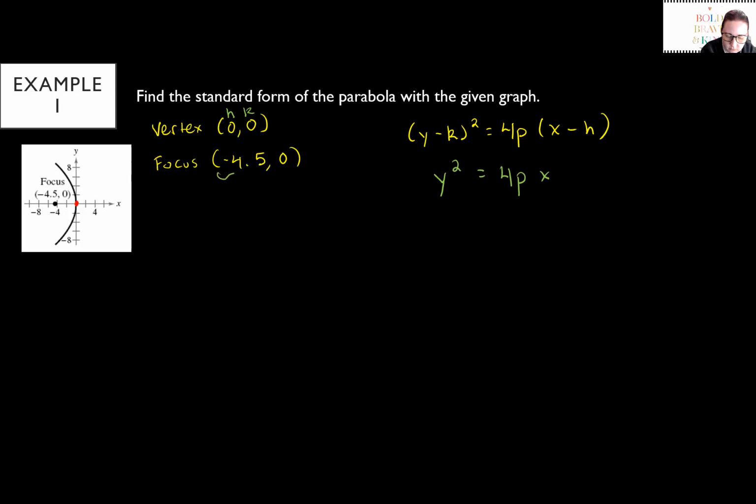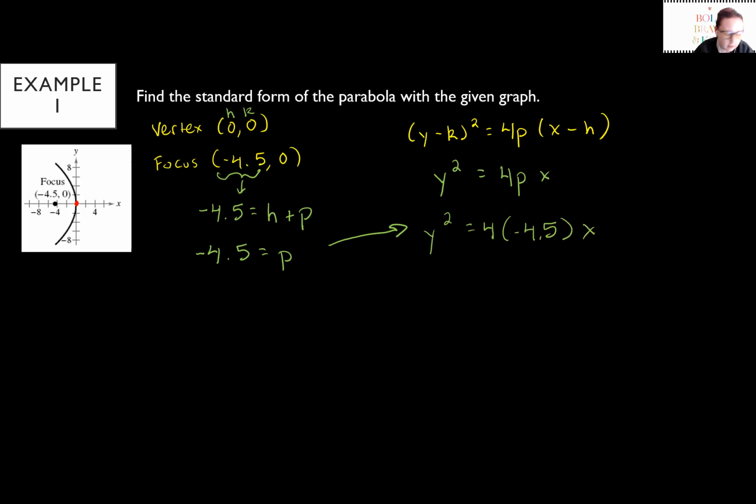So that tells me that negative 4.5 is equal to h plus p. So we know h is 0. So that tells us our p is negative 4.5. So all I need to do now is plug that in for p to get my formula. So I'm going to go back over here. So I have y squared equals 4 times negative 4.5 times x.